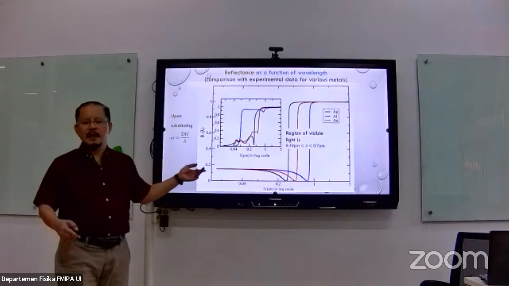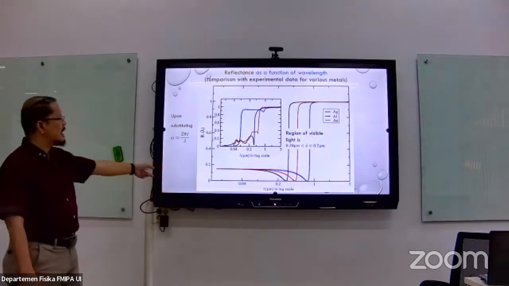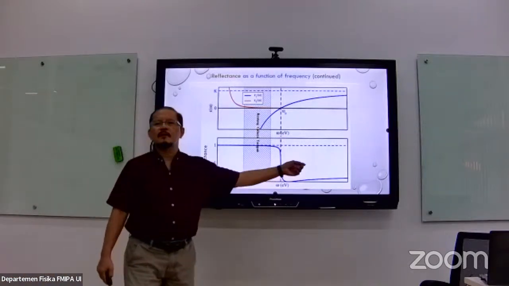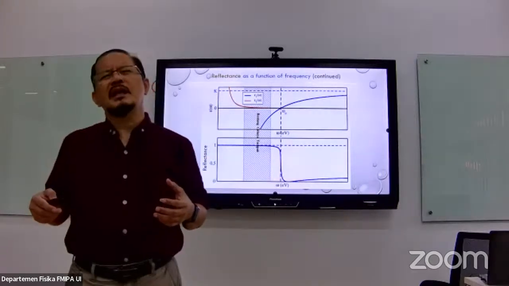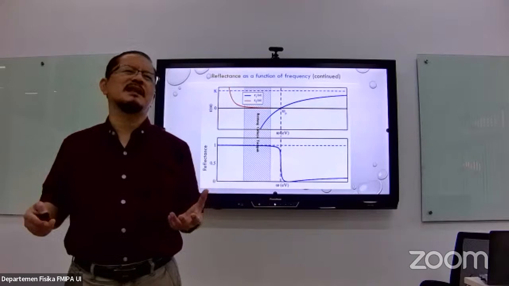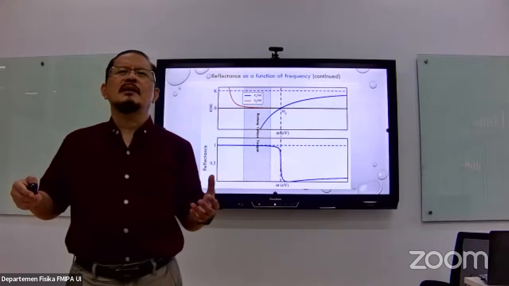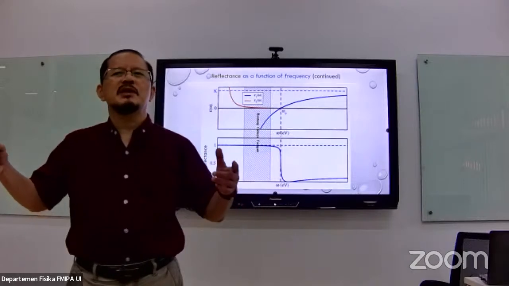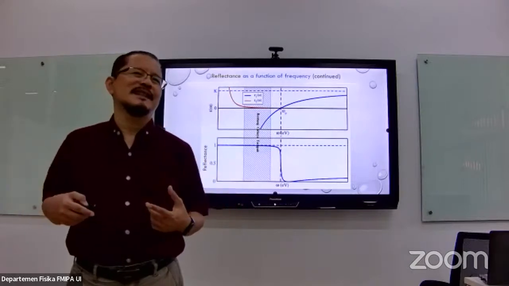Now, the curve that I showed you in the previous page, this is just a model that is so simplistic, where you neglect a lot of things, but you still keep some important ingredients.